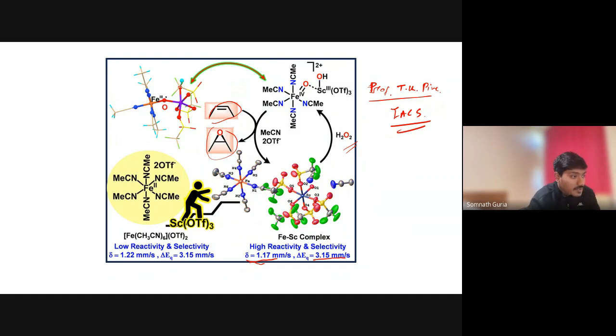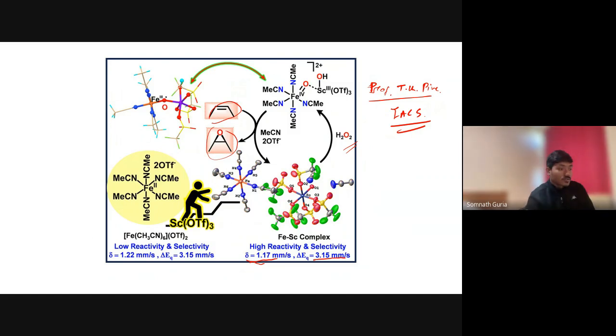Okay, now they also tried a different reactive species to make a different reactive species, and then they were actually able to make this highly reactive iron oxide species.